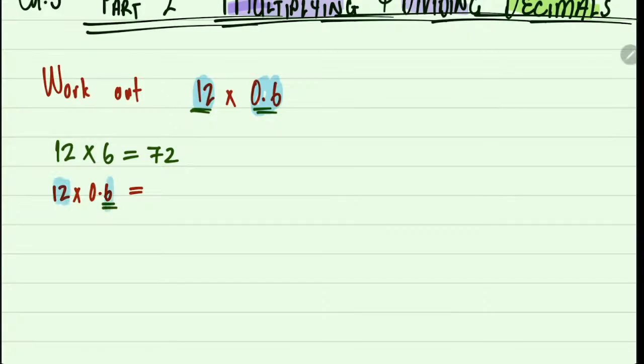No. On 0.6, how many digits did we have after the comma, students? 1. So you move your comma once, because you had only one number after the comma. You always have to count how many numbers you had after the comma in the original one. So the answer is 7.2. Are we together, students?